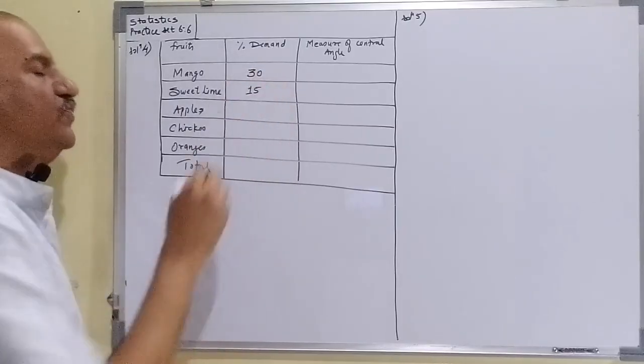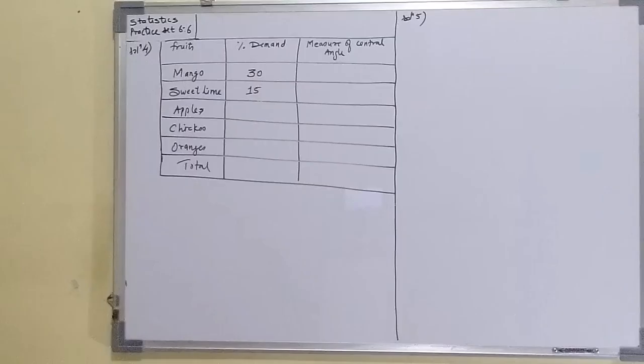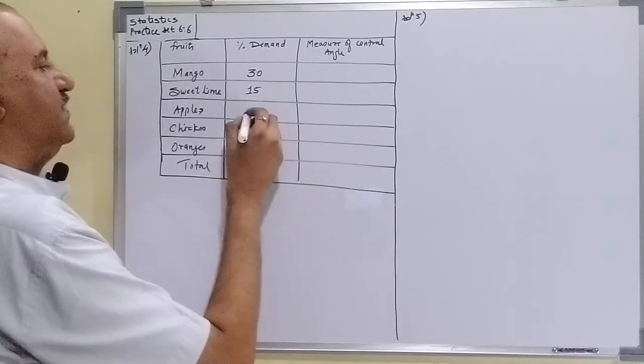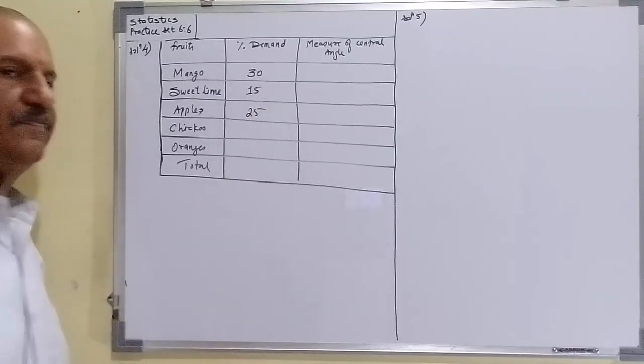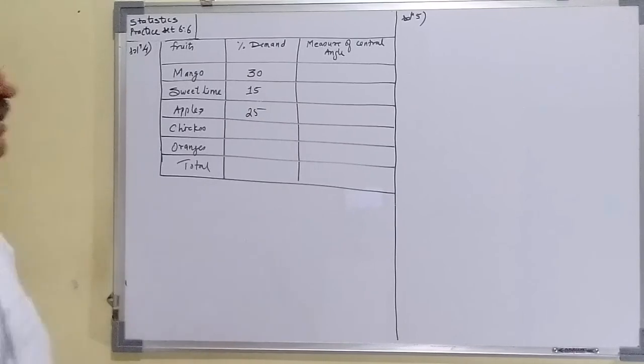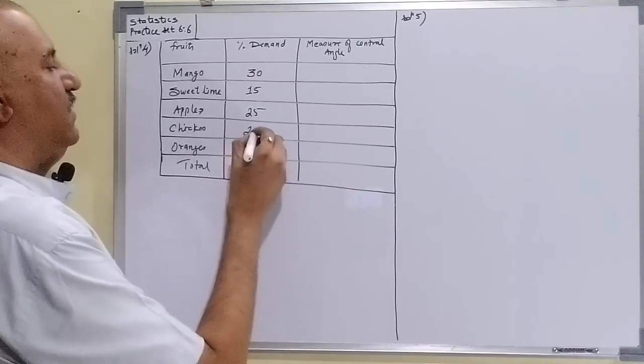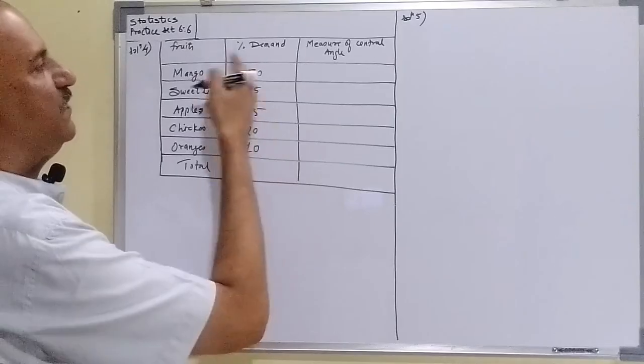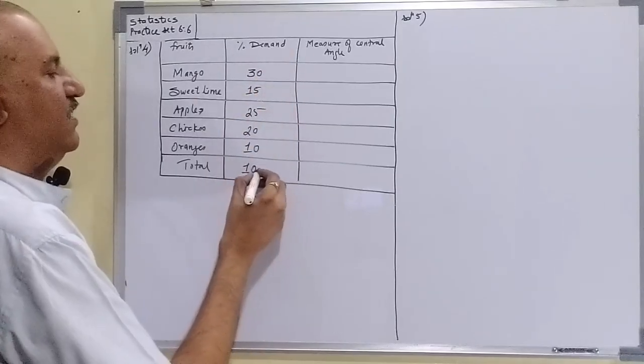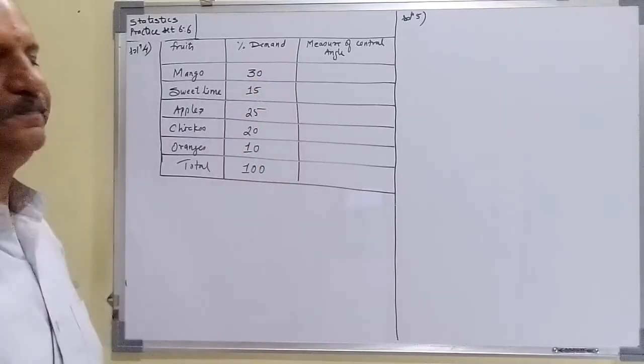उसके बाद स्वीट लाइम इज 15%, 25%. Then we have 20 and 10%. This is percentage, so it has to be 100 होना ही चाहिए.